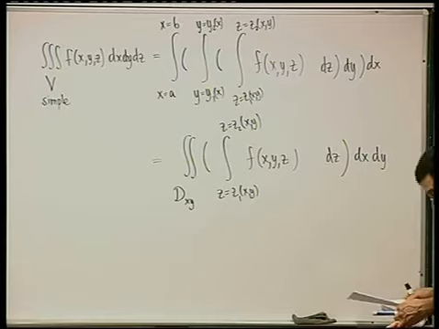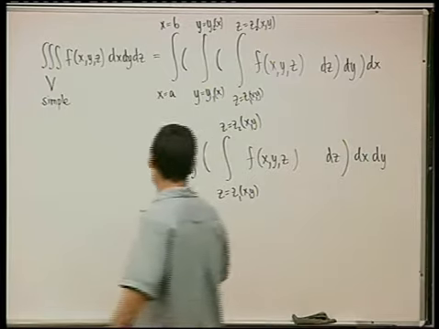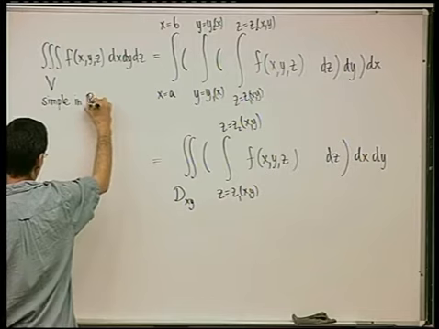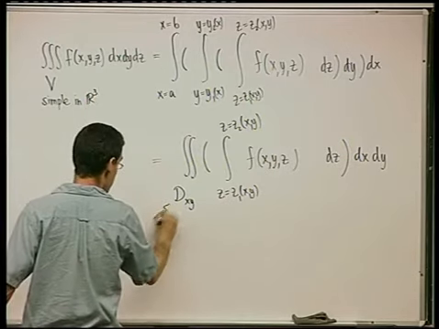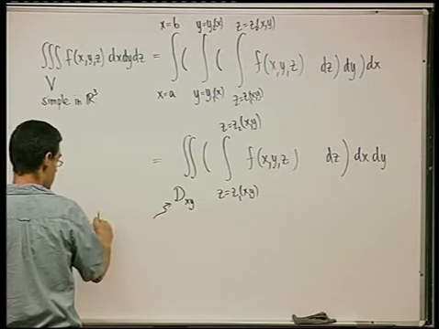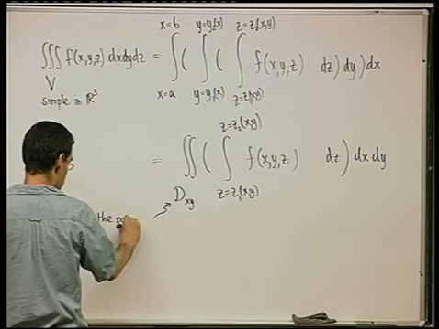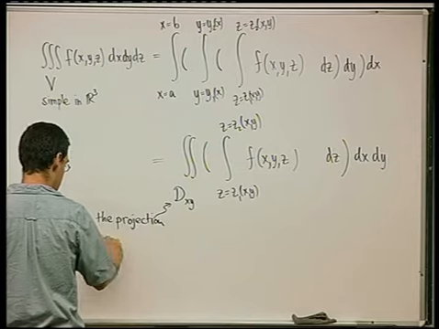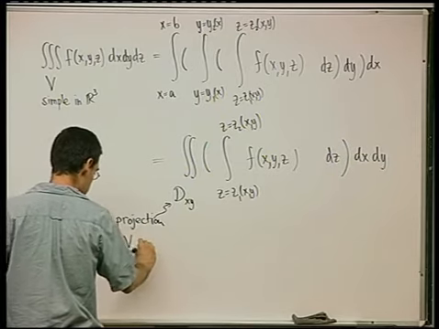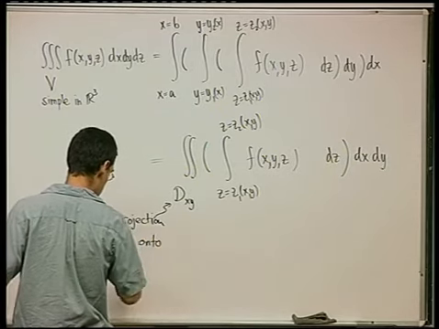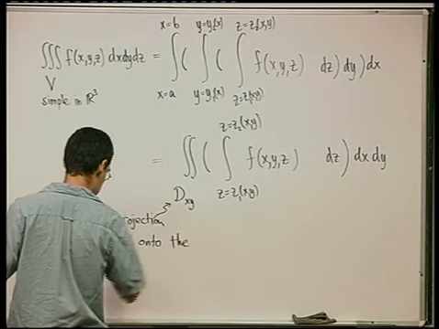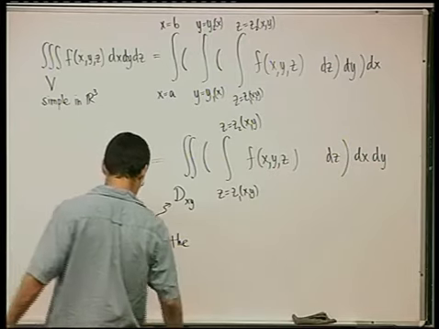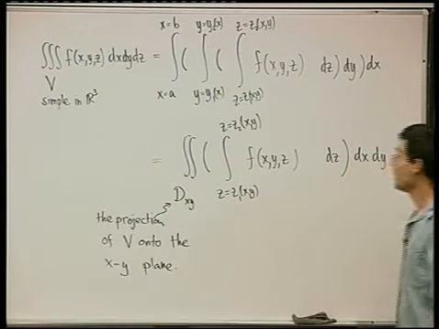So here V is simple in R3, and here D is the projection of V onto the xy plane. Clear?